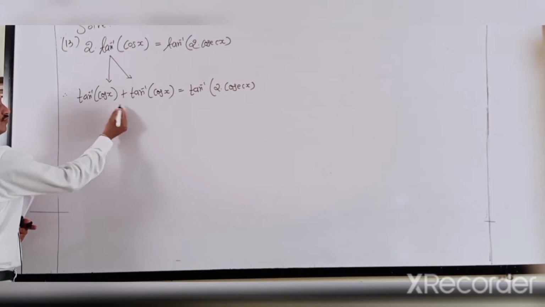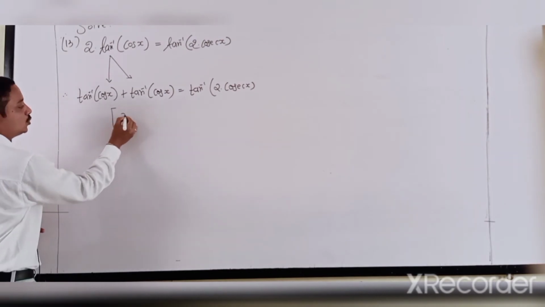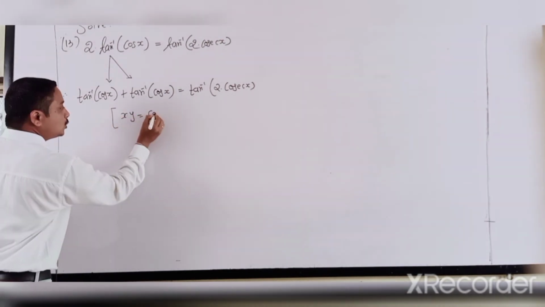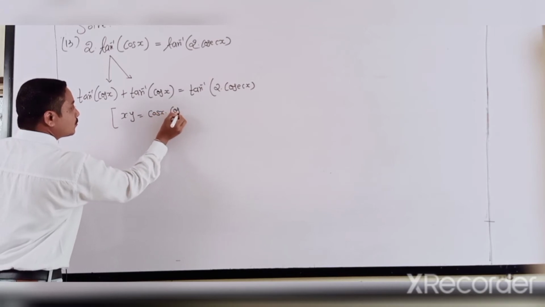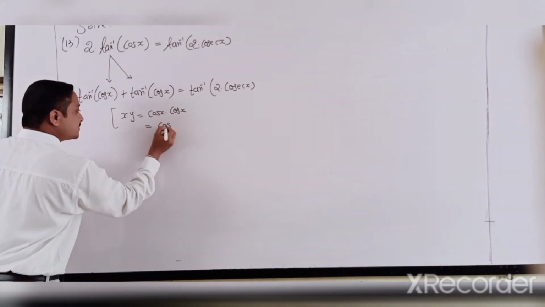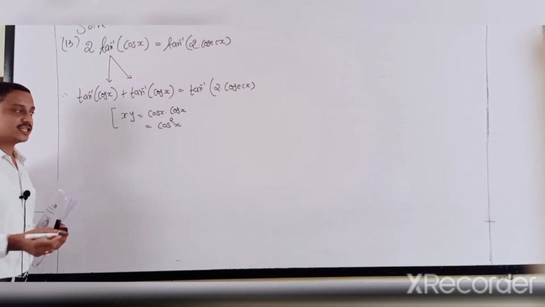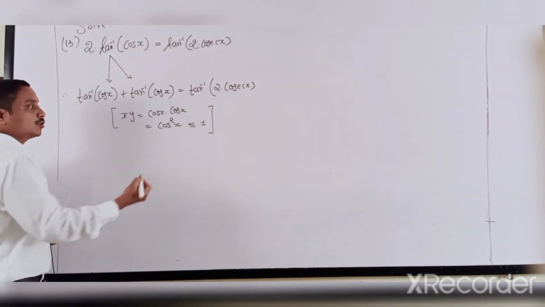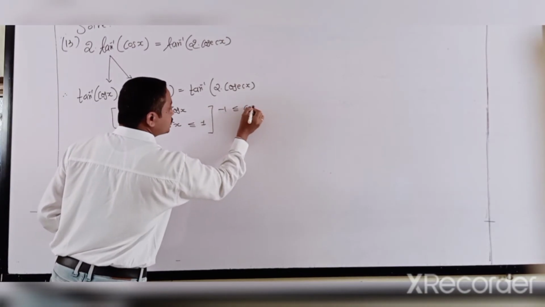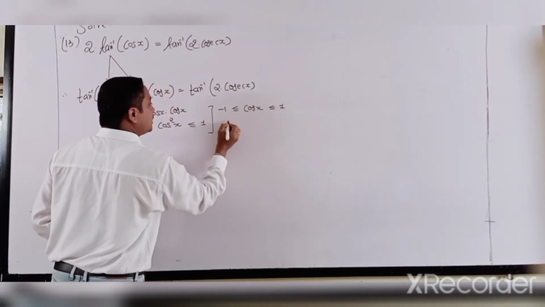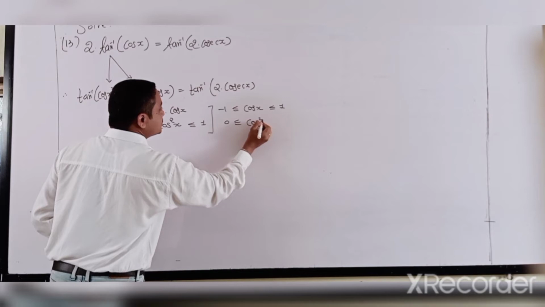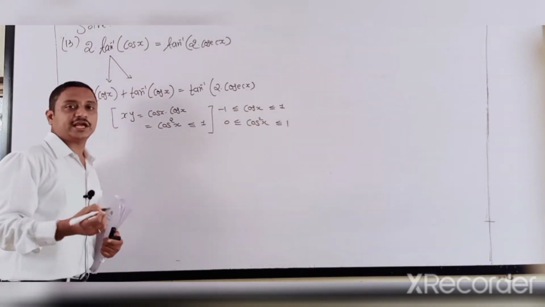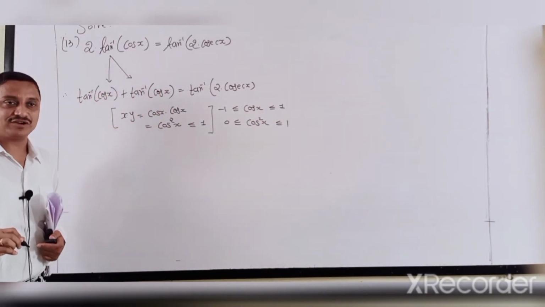utilize your property, x into y, cos into cos. It means cos square x. You know students, cos square x value surely is less than or equal to 1, because cos range is minus 1 to 1. Taking square, it is 0 to 1, because negative is not available in square functions.